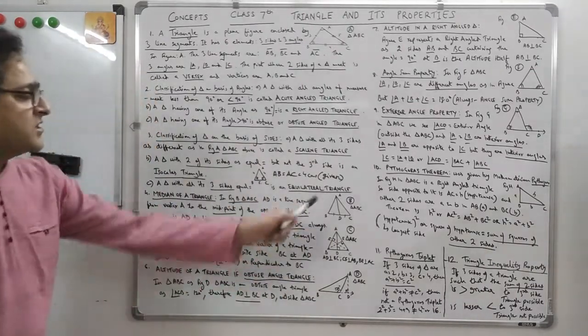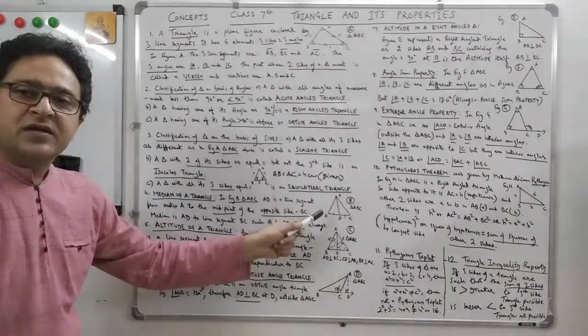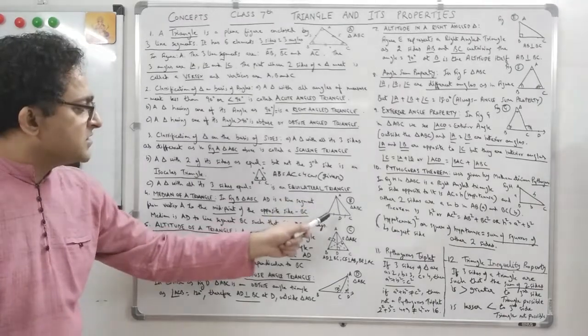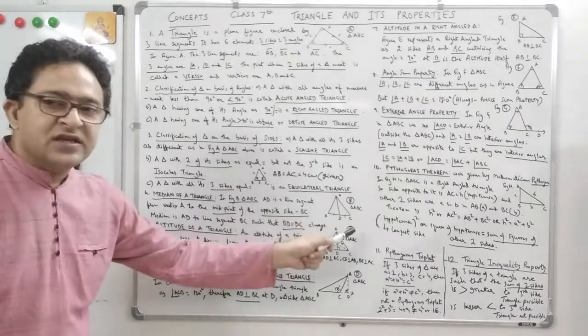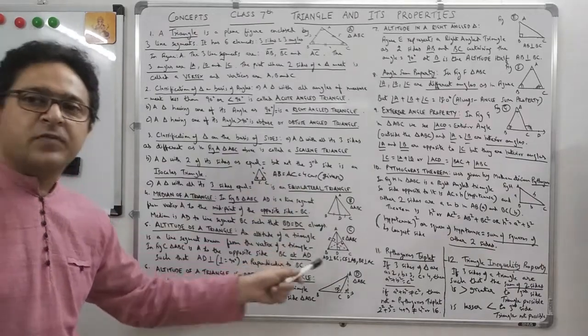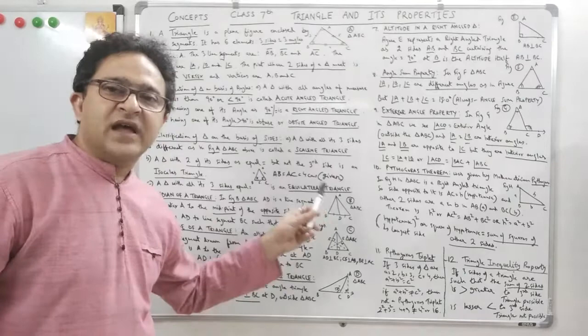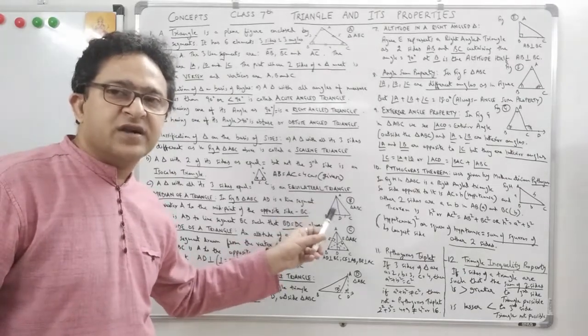So you take any vertex. Say you take the vertex A. Then you just draw a line to the opposite side of the vertex. Opposite to the vertex is the line segment BC. So wherever this line AD meets the opposite side of the vertex, A is the vertex.